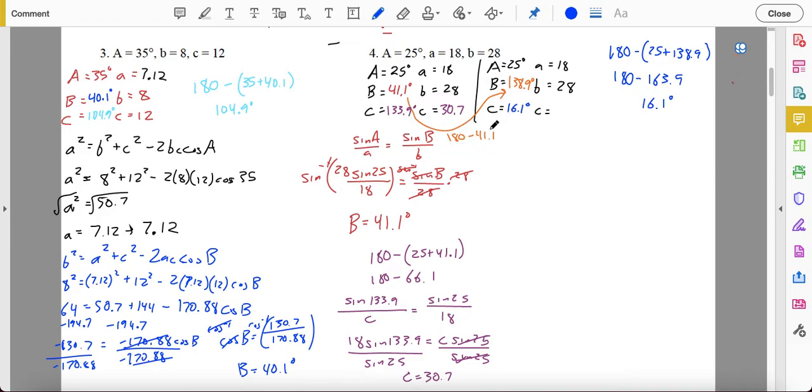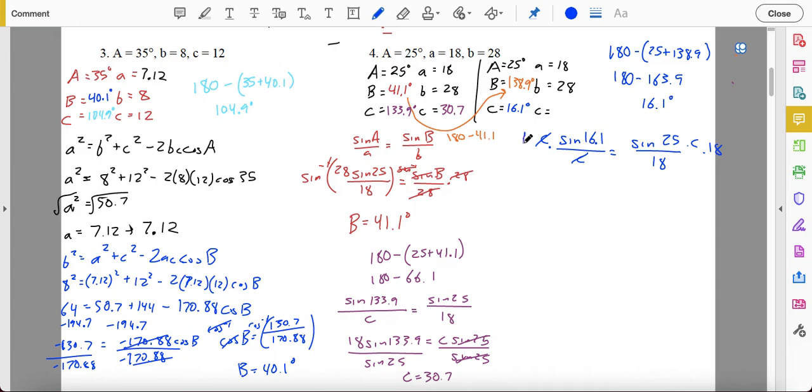Notice how these are not really related, right? They don't add to 180 like angles B and B did. That's the only place where that relationship is true. Okay? And now we're going to finish off by finding little c, side C, by taking the sine of 16.1. Again, we're using the law of sines here. I'm setting sine 25 over 18. So again, we multiply both sides by c. Again, we're cross multiplying here.